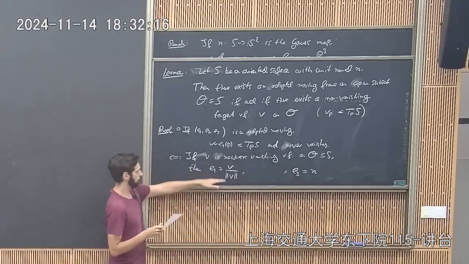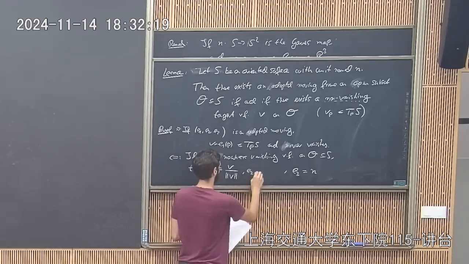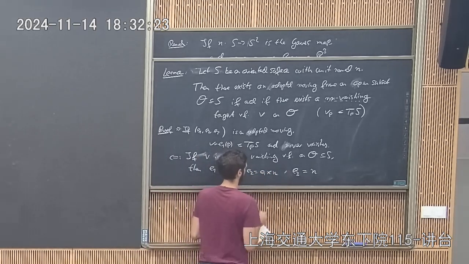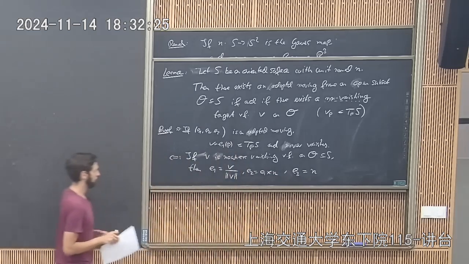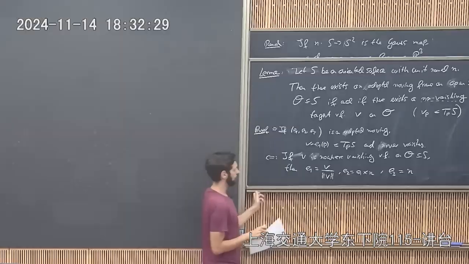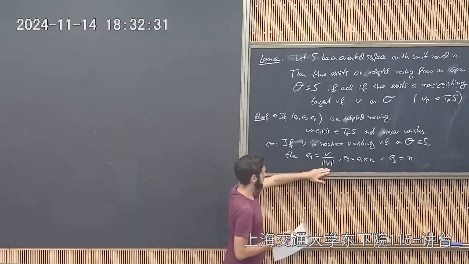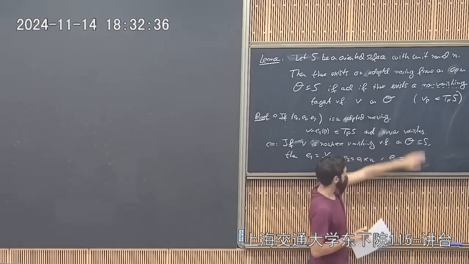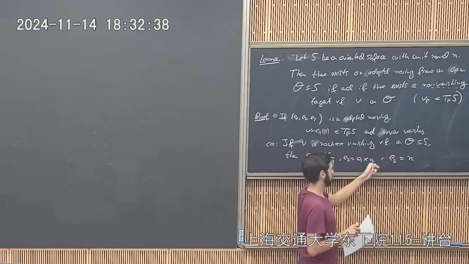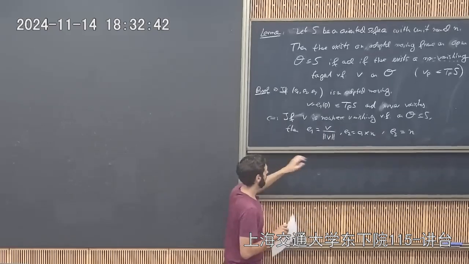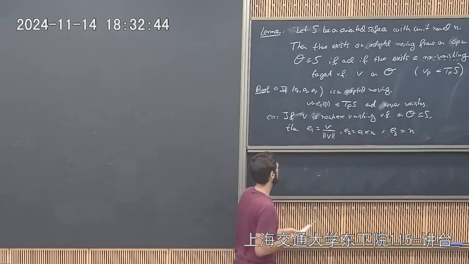And then for E2, we can take, for example, E3 with the cross product with E1. Clearly you can check that this one has norm 1, this one has norm 1 by assumption, and then you can check by the cross product formulas that this one also has norm 1.